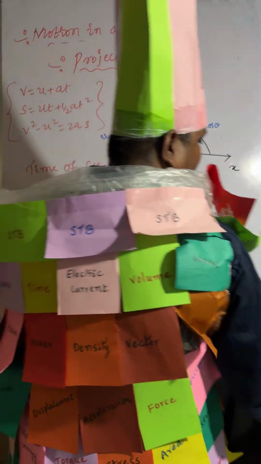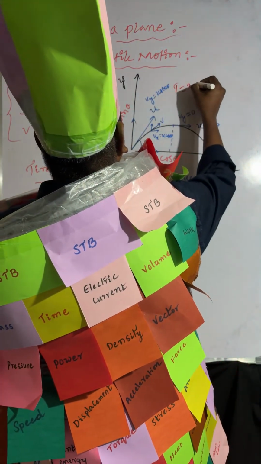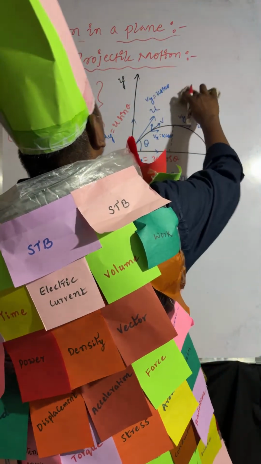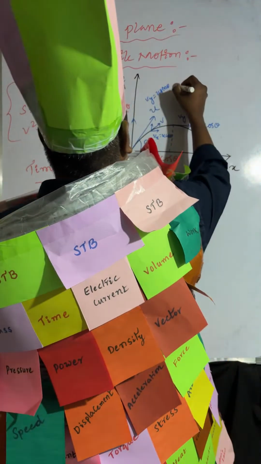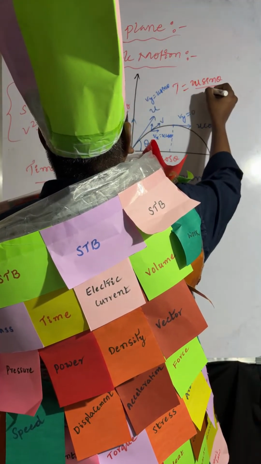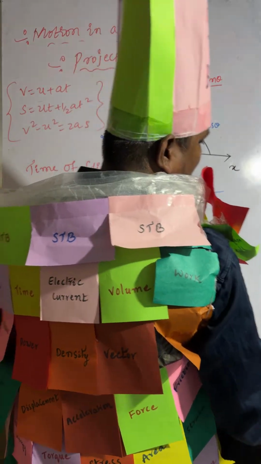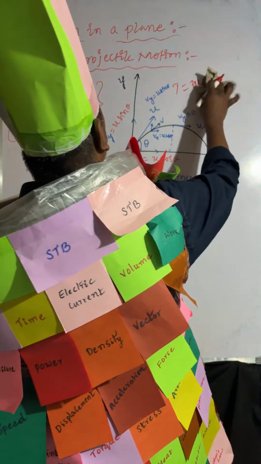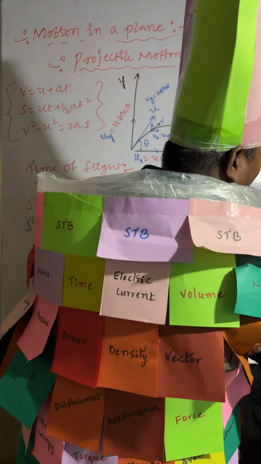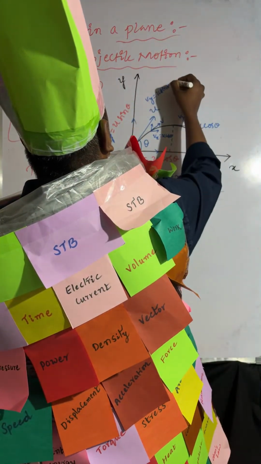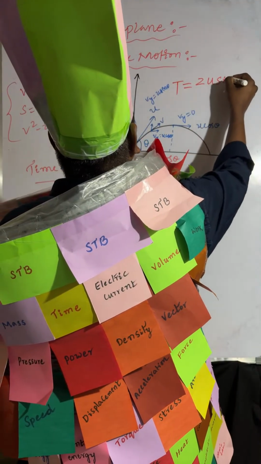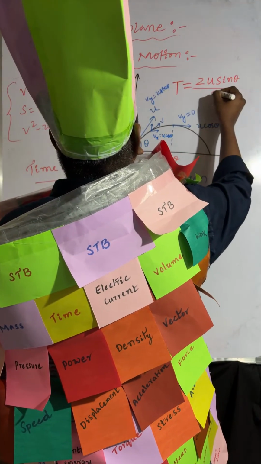So I have this habit of writing continuously. Stop. T equal to 2u sin theta by g.